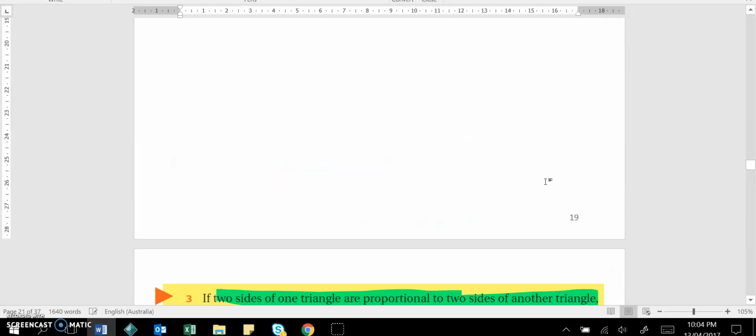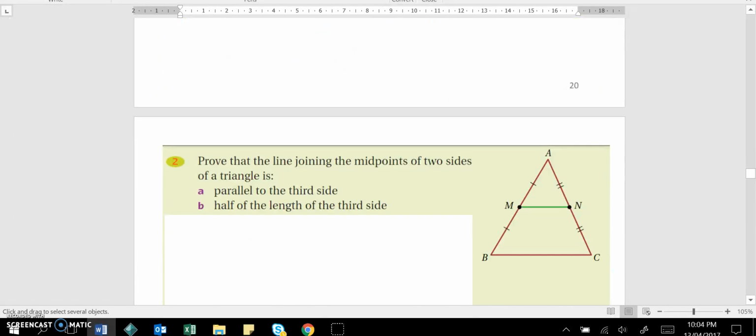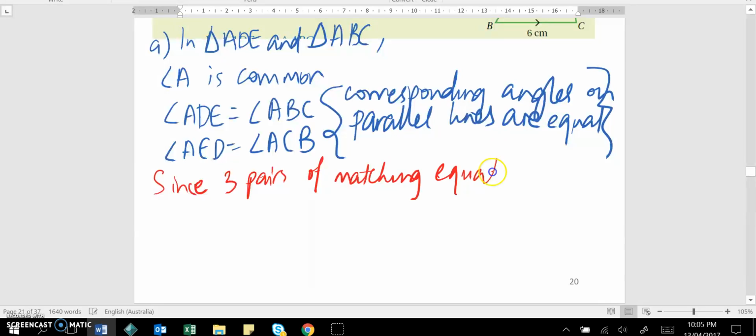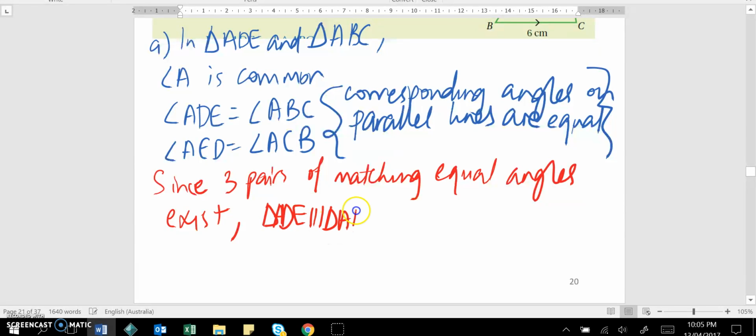So I'm going to say, since three pairs of matching equal angles exist, triangle ADE is similar to triangle ABC.